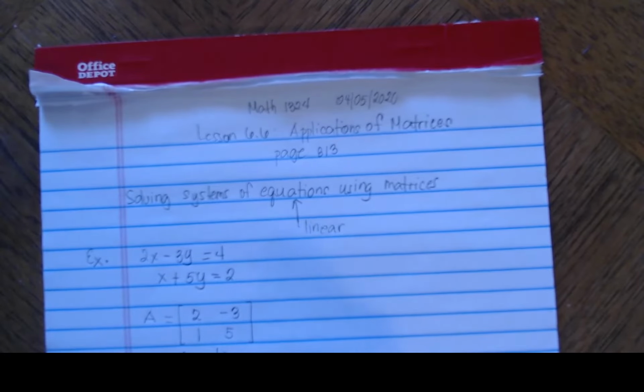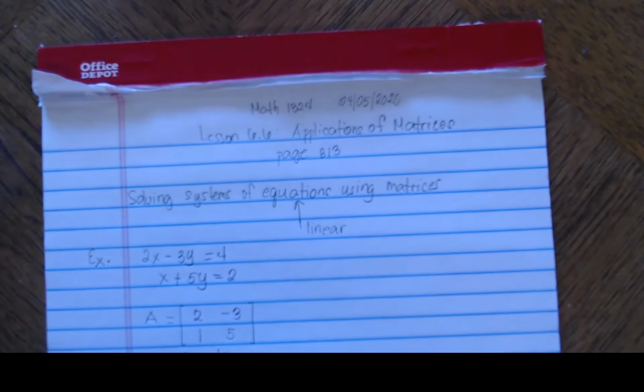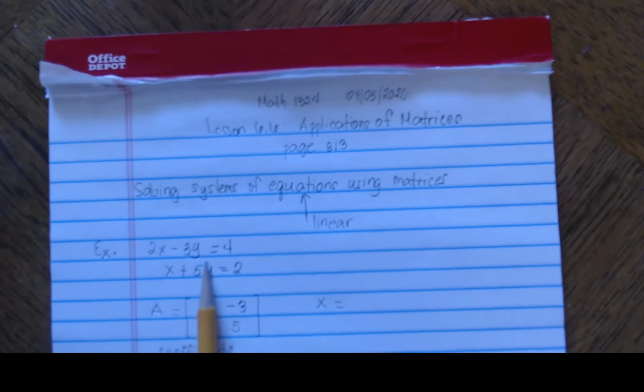Then the second matrix I'm gonna make is matrix X, and this will be the variables that you see in the original given.